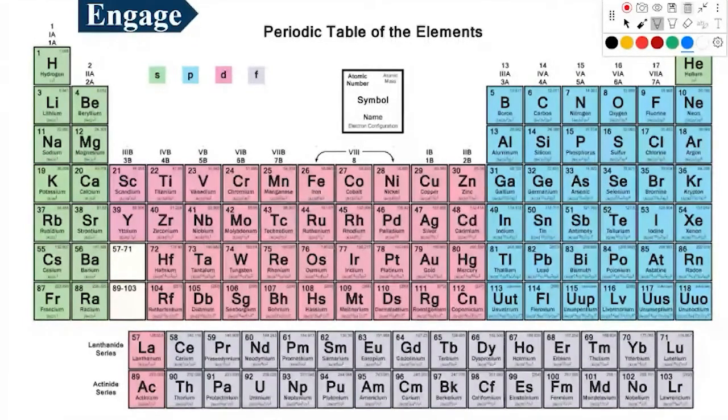How do we start? Copper has 29 electrons.